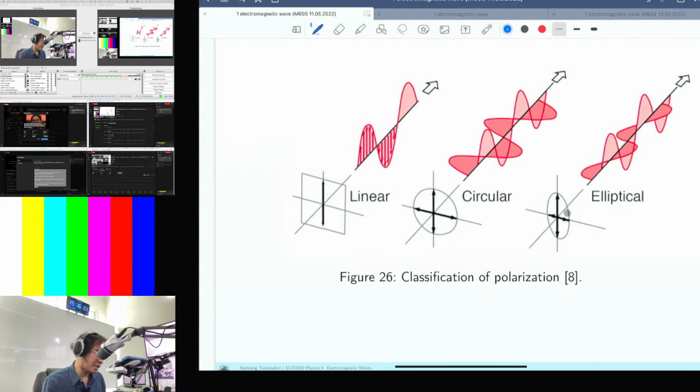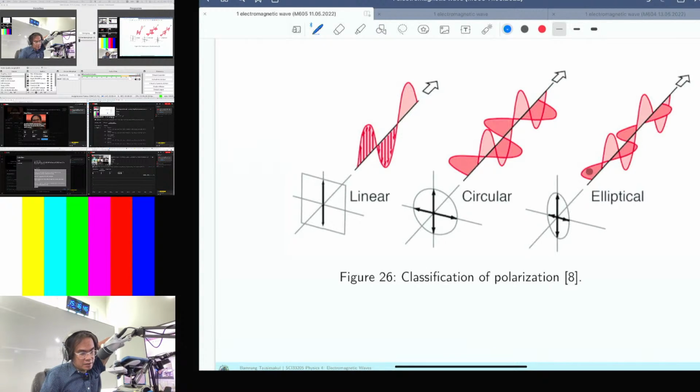In the last case, we still have two components of the electric field, one on the horizontal plane and one on the vertical plane. Unfortunately, the vertical fluctuation has a greater amount than the fluctuation along the x-axis or the horizontal plane.